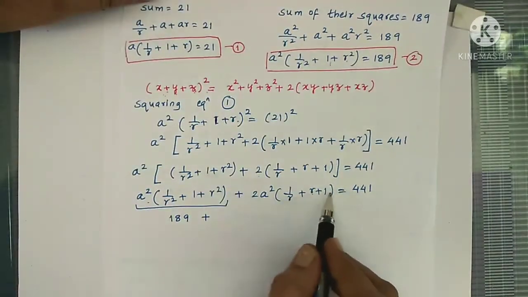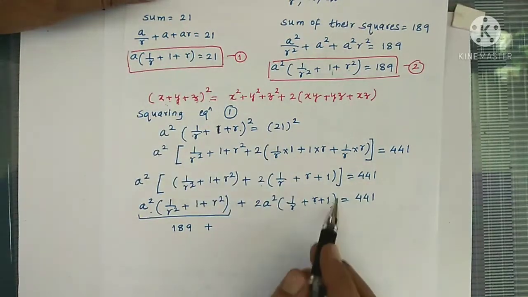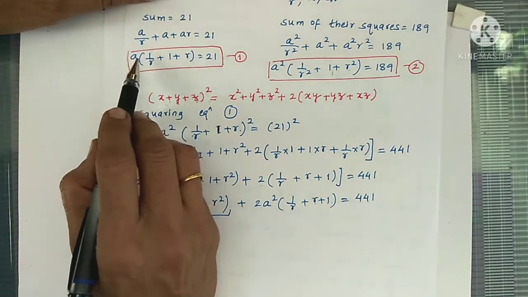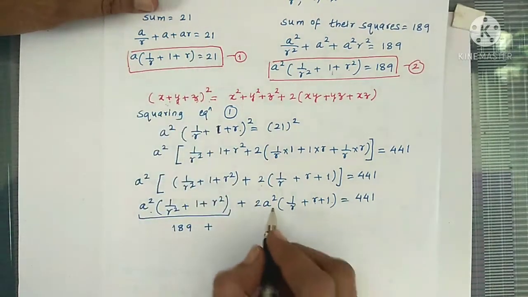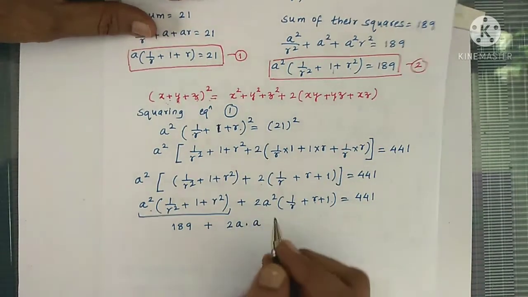Now these three numbers are in the first equation, 1 by r plus 1 plus r. And one more term is there, a. So whenever we have a multiplied with this bracket, the value is 21. So we can write this a square as 2a into a.